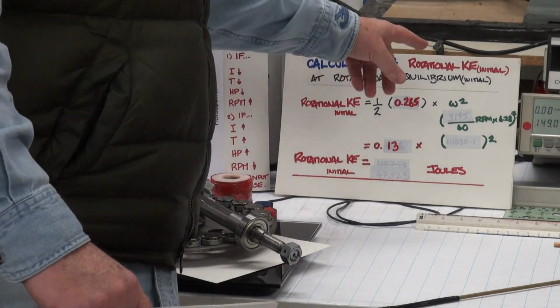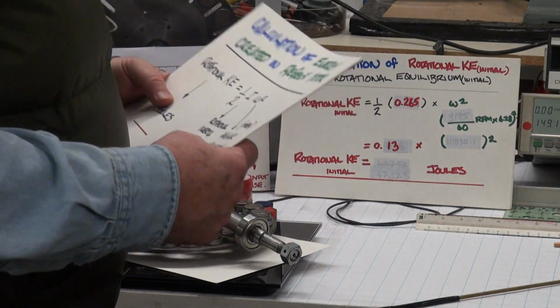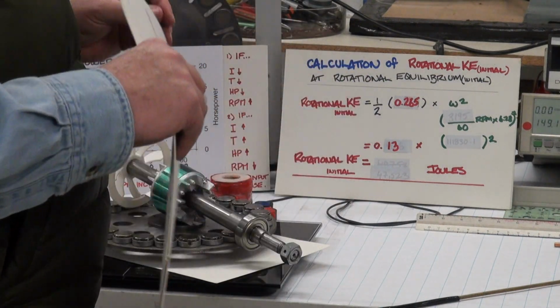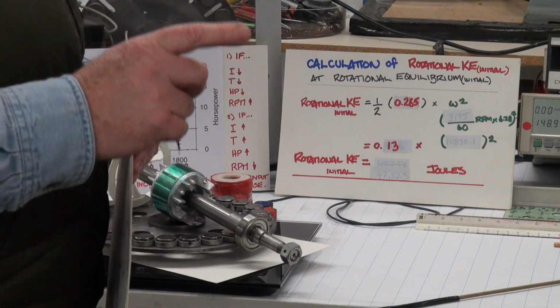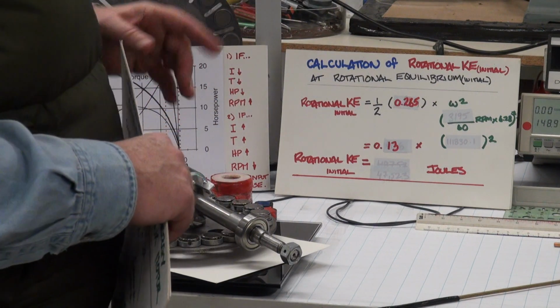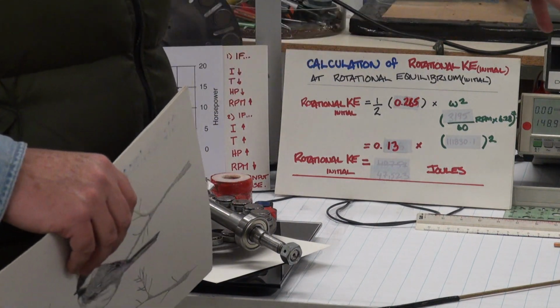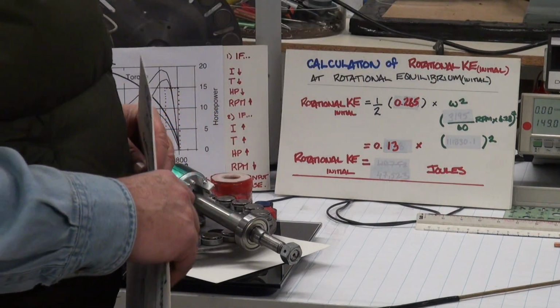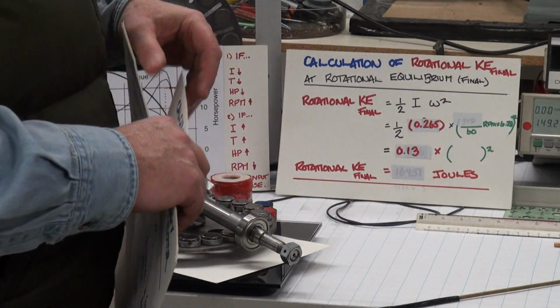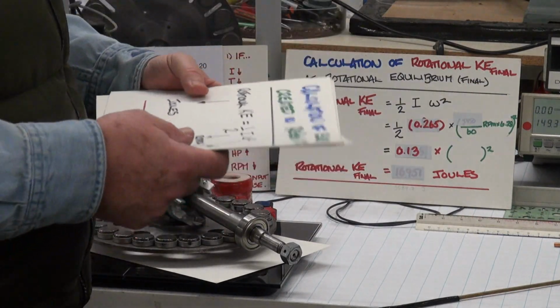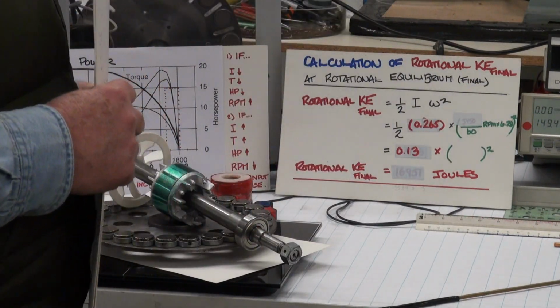And we're going to determine the rotational kinetic energy, the initial rotational kinetic energy at rotational equilibrium, and then we're going to turn on our motor, and our motor is going to accelerate up to another point of rotational equilibrium.